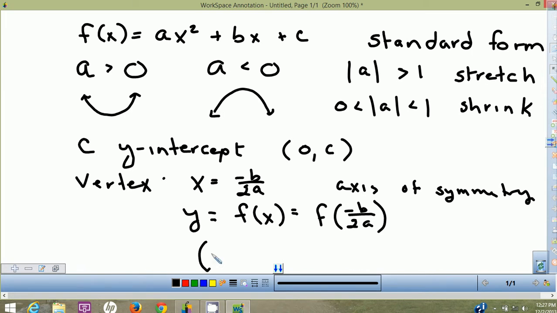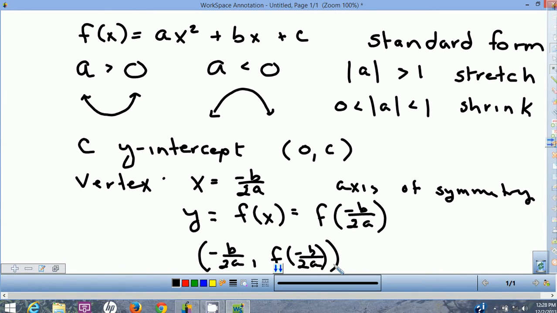So my coordinates are going to be -b/(2a) for the x value, and then f(-b/(2a)) for the y value. So we can do things a little differently, but we can still find all of the same information that we could find on our other type of quadratic function.